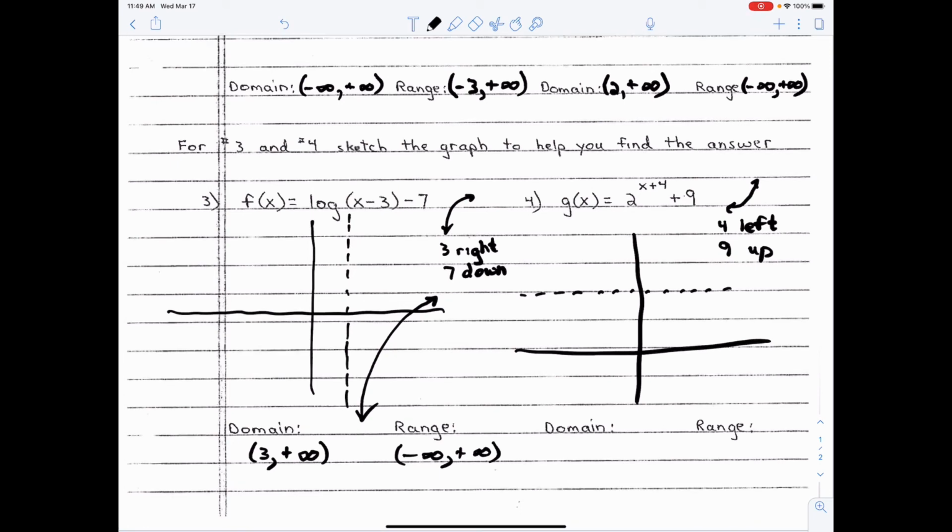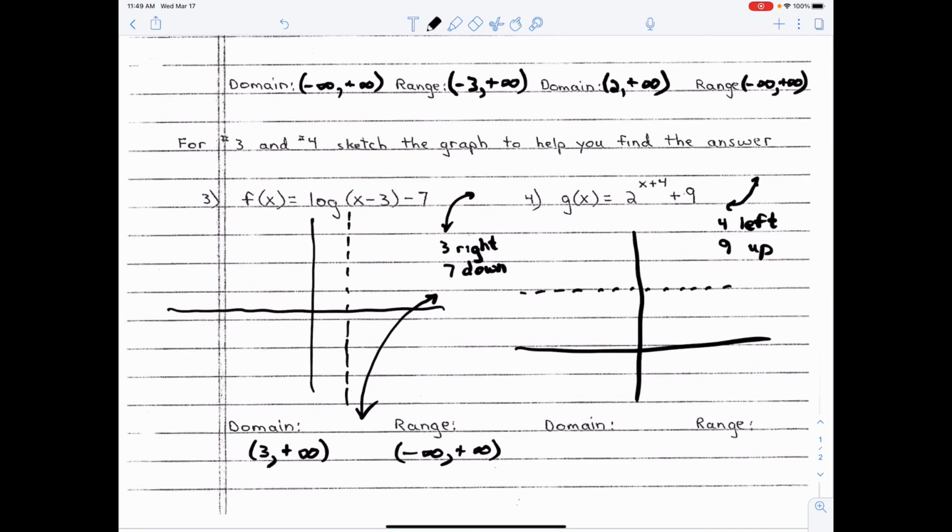So if you take your basic exponential function, you go 4 to the left and 9 up, it's going to look something like this. So domain is going to be negative infinity to positive infinity, and the range will be 9 to positive infinity.